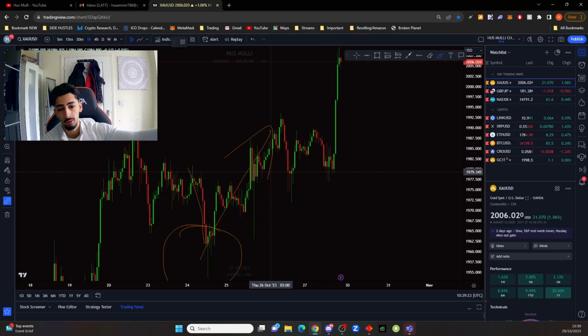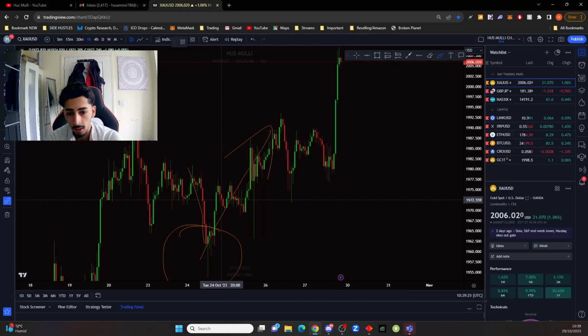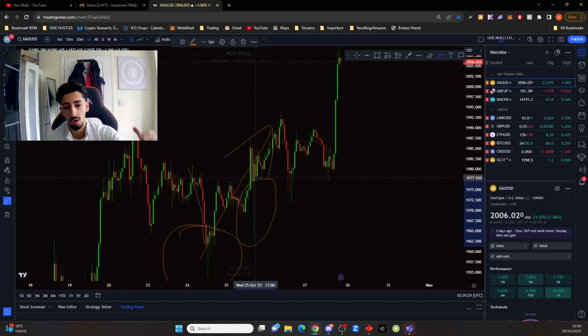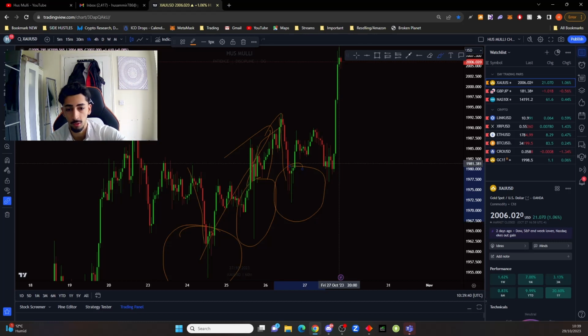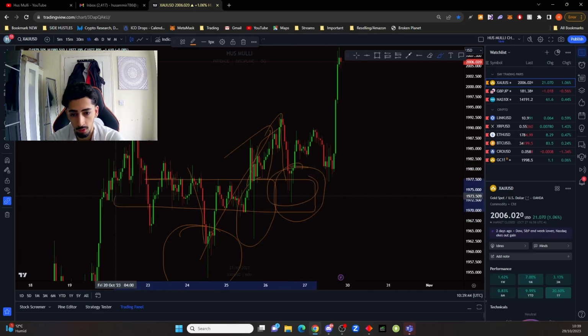You go to a petrol station or something. So it wanted to go up, it came down again to grab liquidity. That's your car stopping at the petrol station, and then boom, shot up again. Came down, grabbed liquidity again. This is like your car again. You're driving on a big journey, you have to keep going to the petrol station. Boom, you grab liquidity in these certain areas or blocks, and then you push up again.